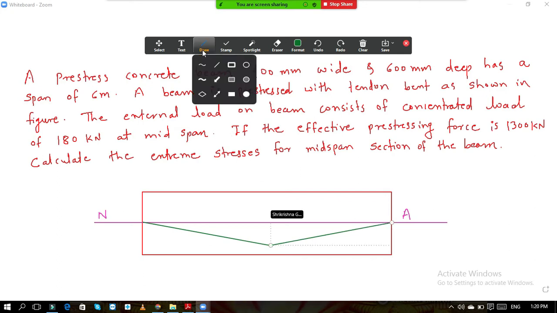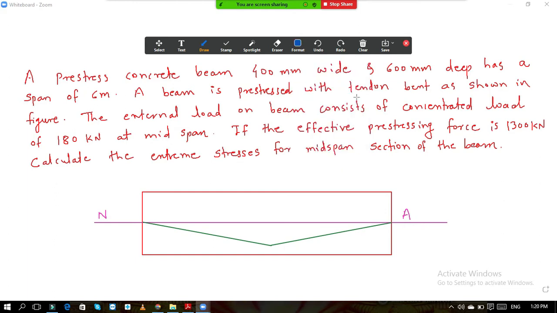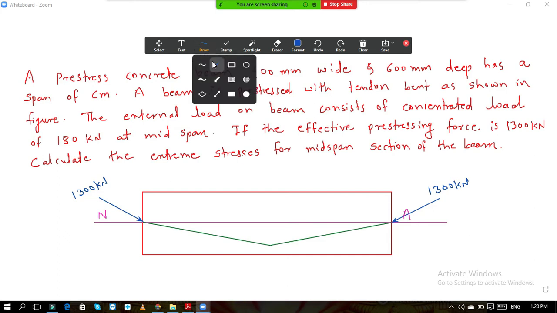This is the tendon, and the prestressing force is acting on it. The magnitude of the force is 1300 kilonewton. And then a point load is acting at the center.